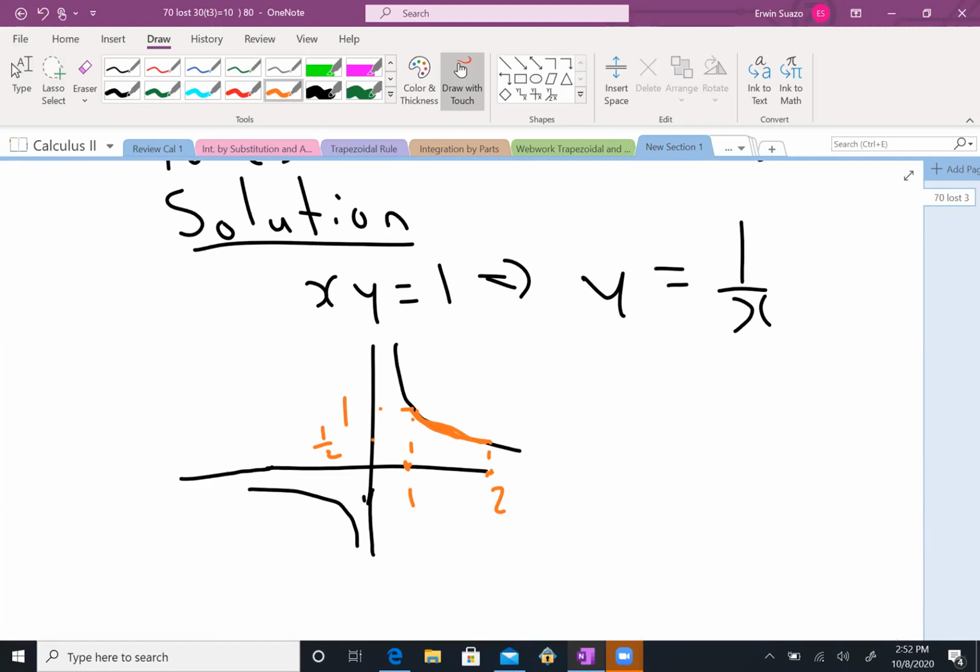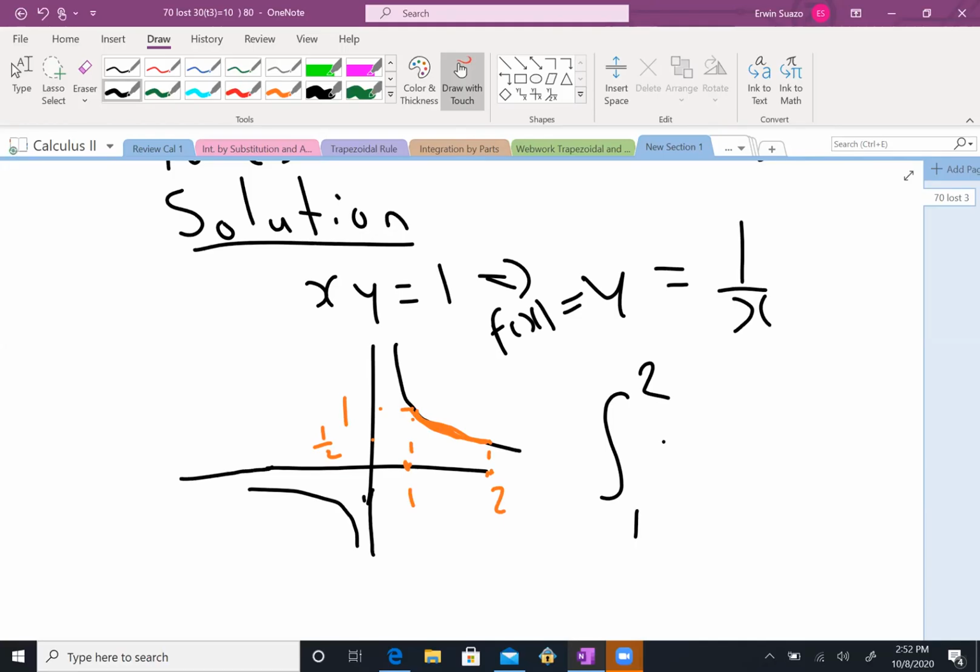So my integral should be between 1 and 2, correct? I'm integrating with respect to x. Now, y is f of x. So I need to find my formula.